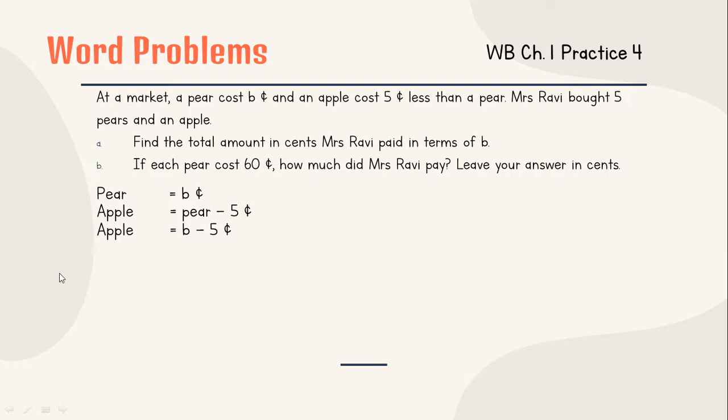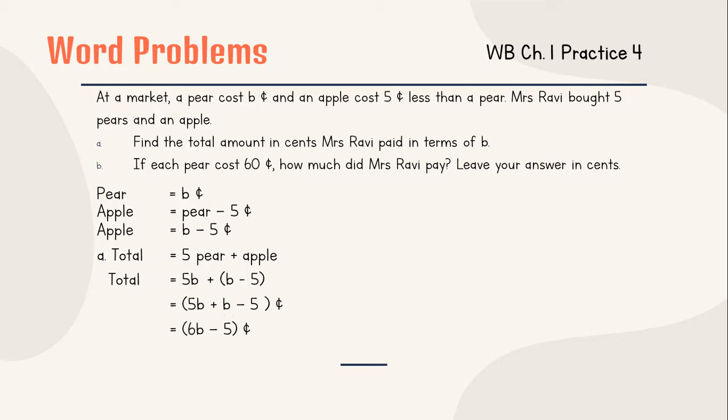So 5 pears, 5 times B, 5B, and an apple, B minus 5. After that, we have this B and B. 5B plus B minus 5, 6B minus 5. That is the algebraic expression for A. The total amount is this answer, 6B minus 5 cents.